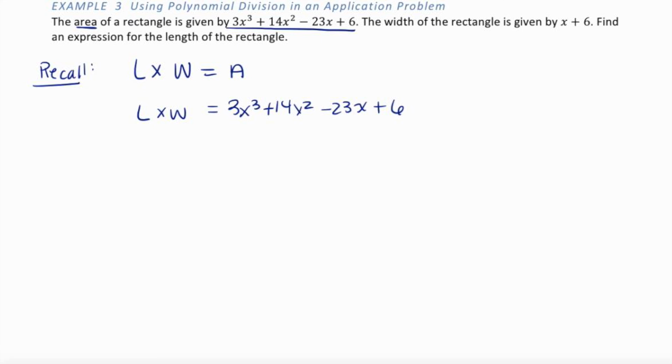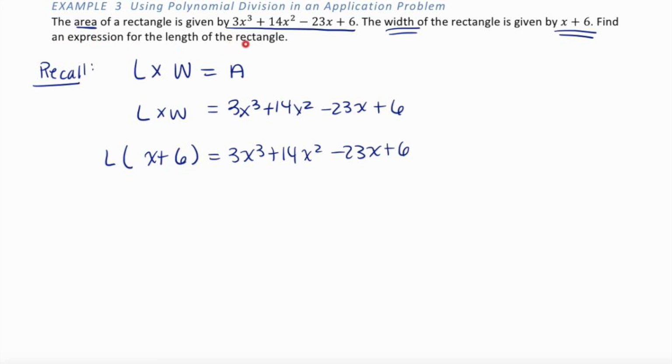We're also told that the width of this rectangle is given by x plus 6. And if you notice, I used this information to replace both area in the formula and width in the formula.